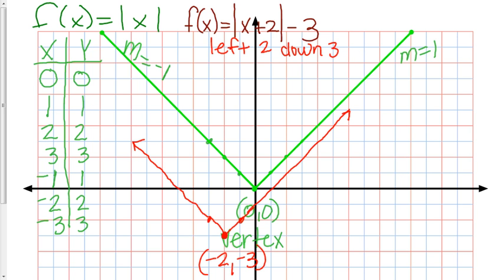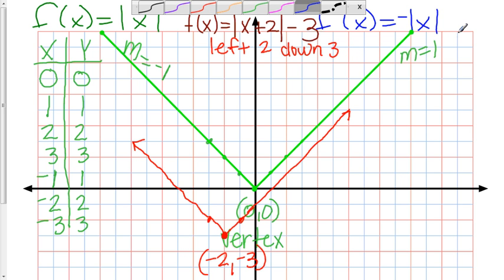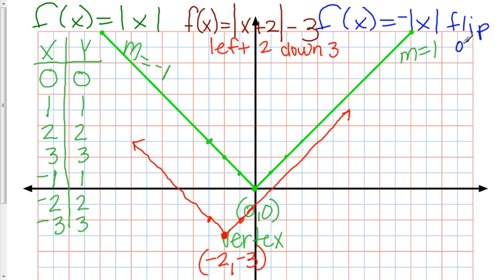Then from yesterday, dealing with the square root function, you learned that when you have something like f of x equals a negative absolute value of x, because that negative is outside of the absolute value, it is going to flip it over the x-axis.